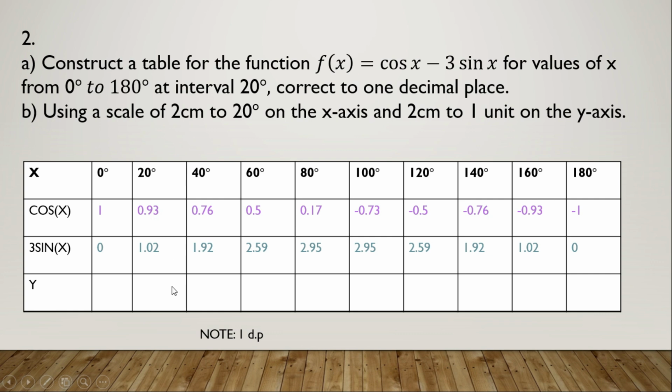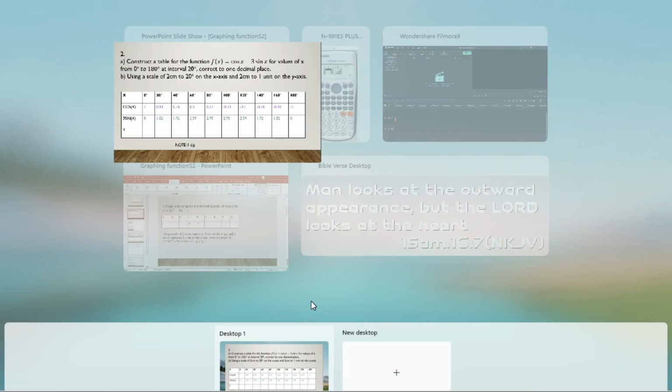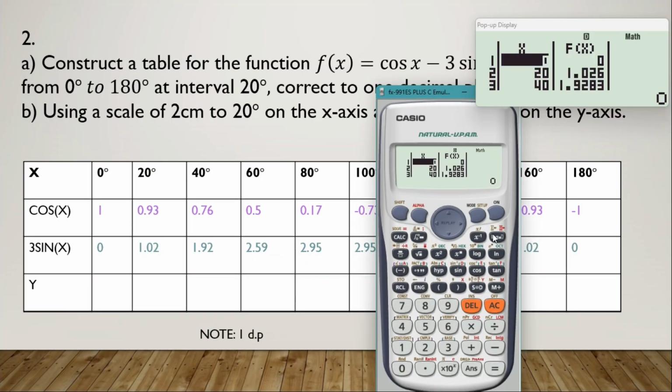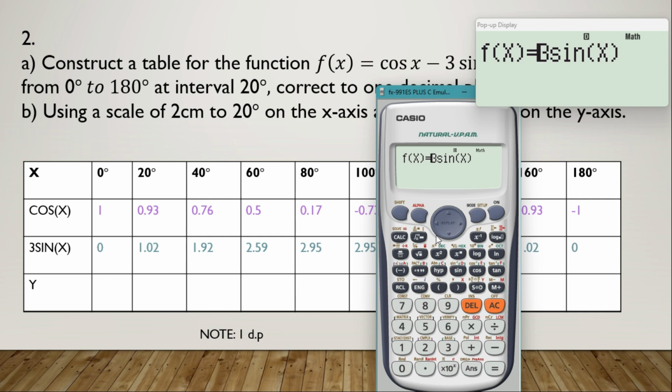Or better still, the first function we keyed inside, you key the whole function inside the calculator. So we come back and you type cos x minus 3 sine x, and then you get your solution.